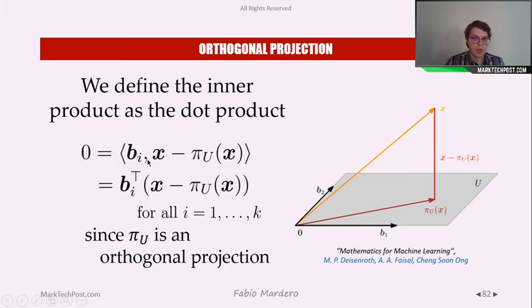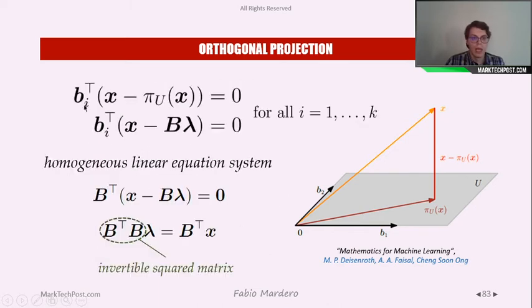We express the inner product as the dot product, and again we express pi of x as the multiplication between the basis matrix and the lambda vector. What we find here is a homogeneous linear equation system. Remember that a linear equation system is homogeneous when the term on the right is equal to 0.